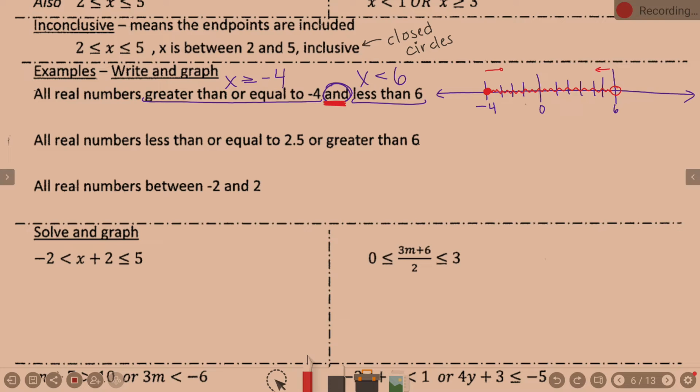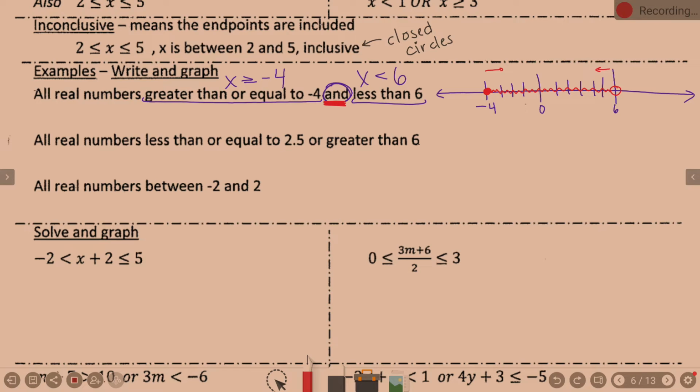Now, when we write this, I can't remember what Math Excel requires, but I bet they won't be happy with you just writing x greater than or equal to -4 and x less than 6. When the shading is between, what are the numbers between here?